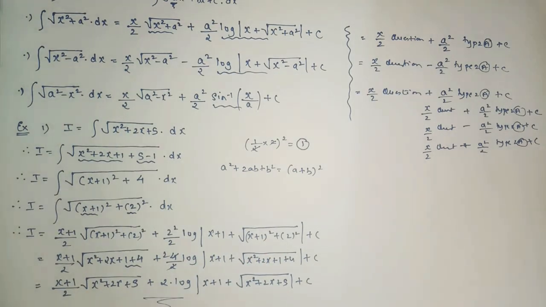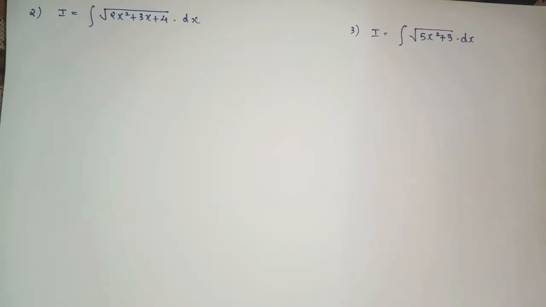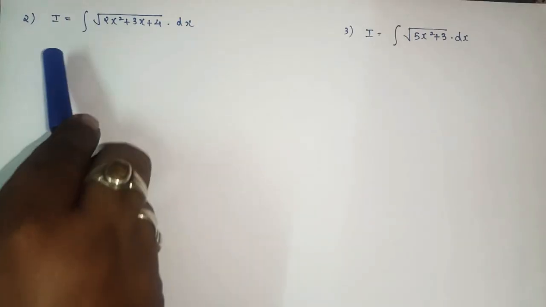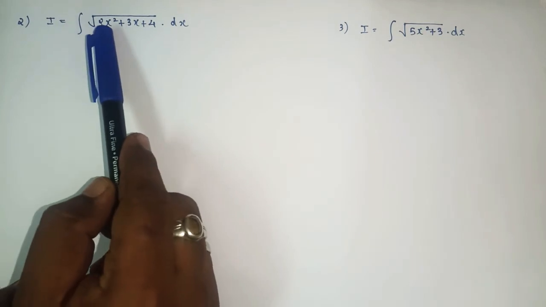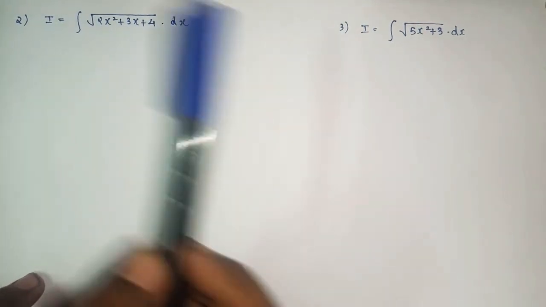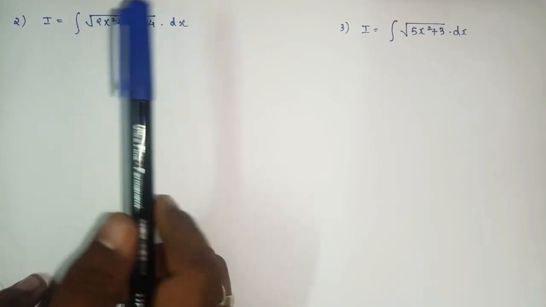So let's take a few examples based on the same content, the same type, that is type number 3a. So let's take one more example. As here the second one is what? Integral root 2x square plus 3x plus 4. As here clearly we can see that the coefficient of the square term is not 1.